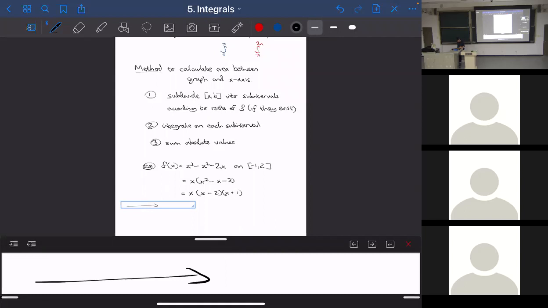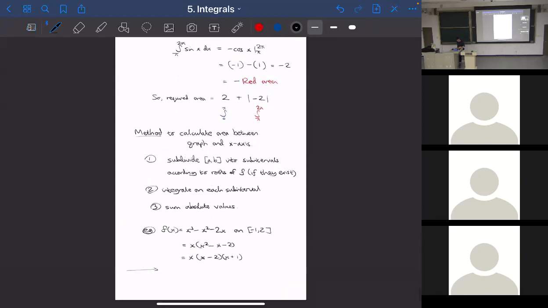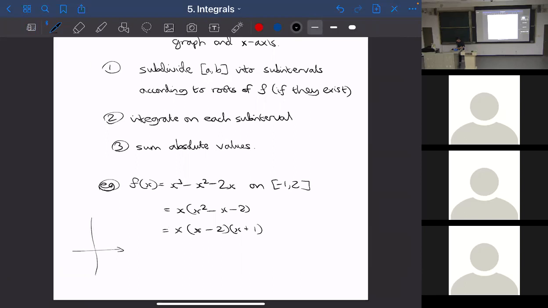So the roots are, we said, minus 1 and 0 and 2. So let's do a rough sketch for f(x). So we have two regions.